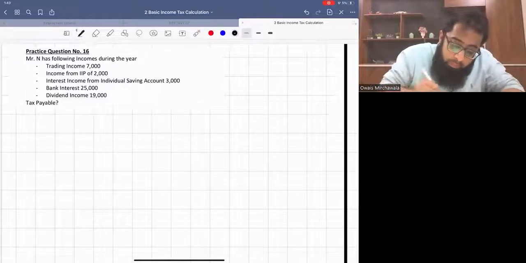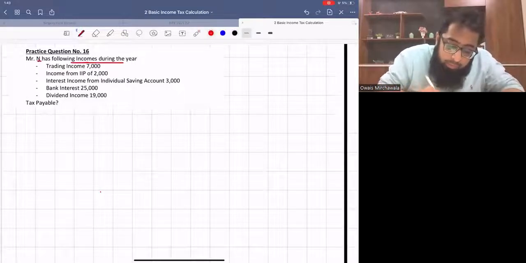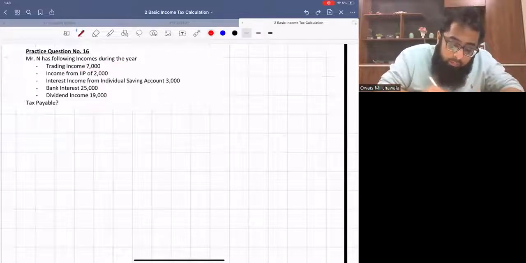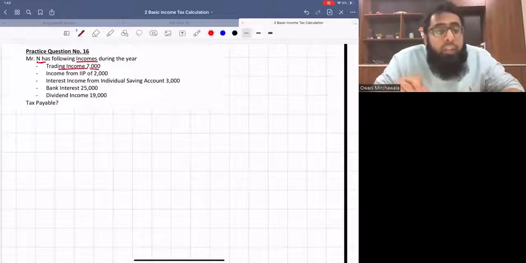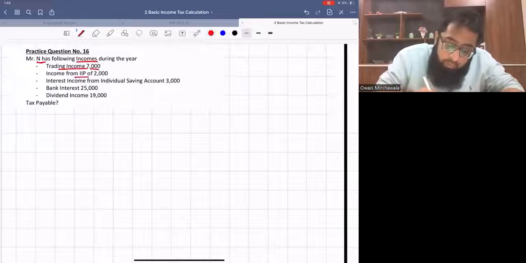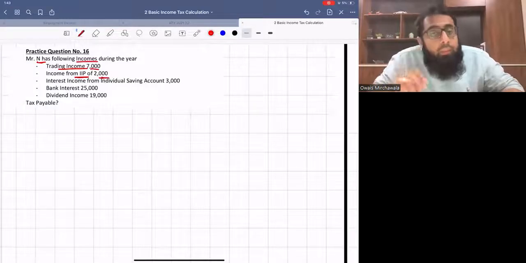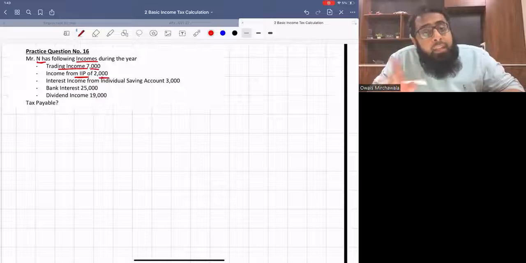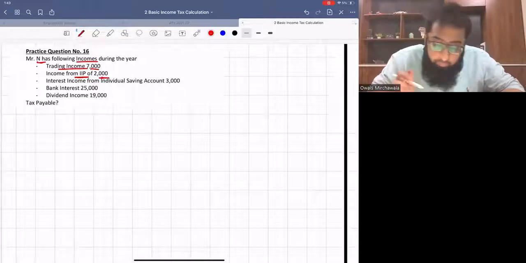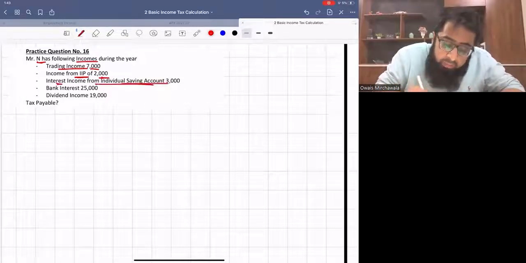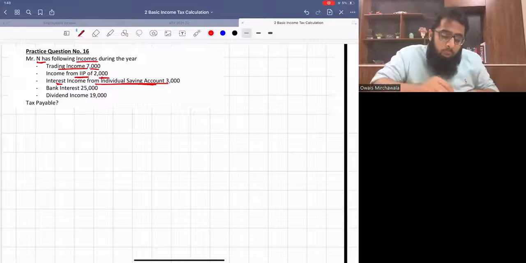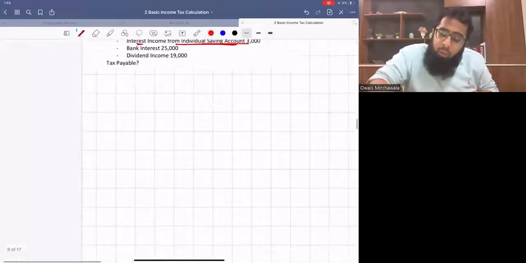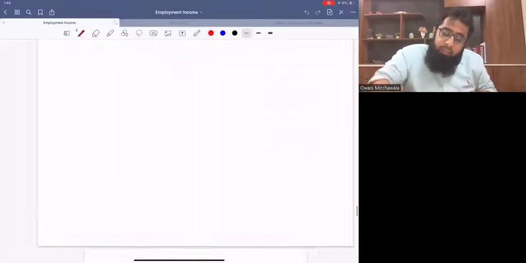Now, Mr. N has the following incomes. Trading income 7,000. Income from IIP 2,000. Now on IIP, there is 20% withholding and it is classified as non-saving. Income from individual saving account. Now you all know that individual saving account is always exempt.